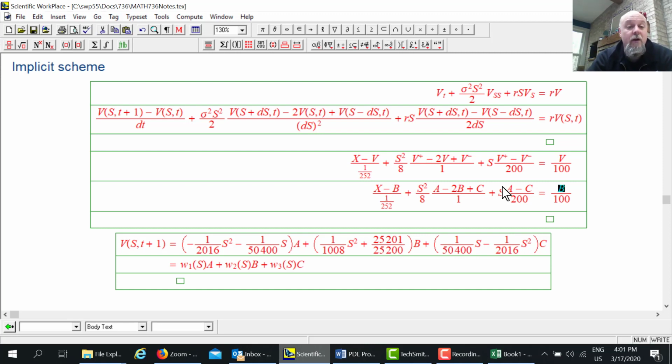So it seemed to work out better when we were doing an implicit if we left this as a B. Now we think if we're doing an explicit, it's better to leave this one as an X. So here are our weights, and I did show you this with MATLAB before. We have to build that matrix, work our way backwards. So that we did before. Luckily we did that before break.